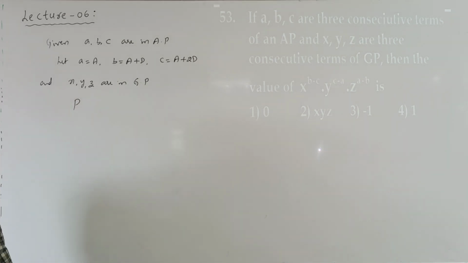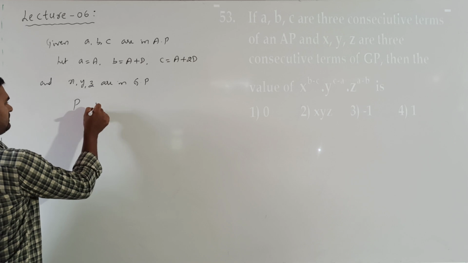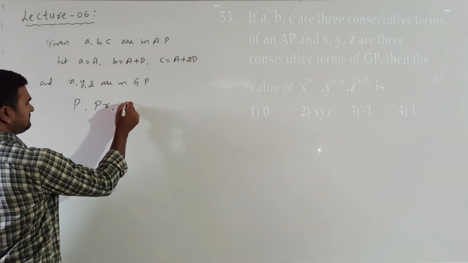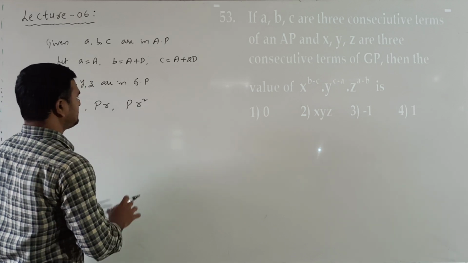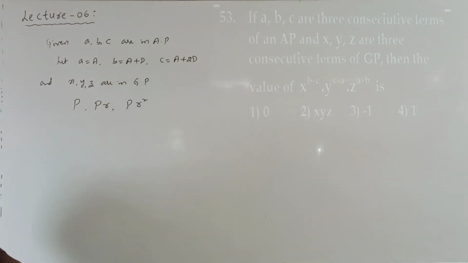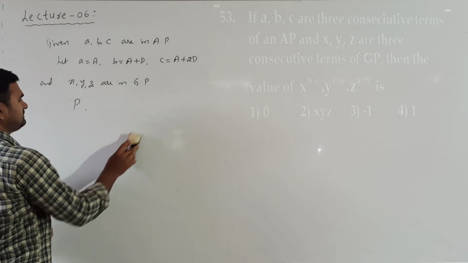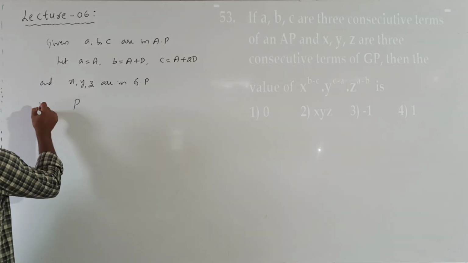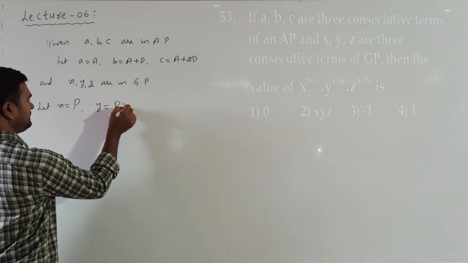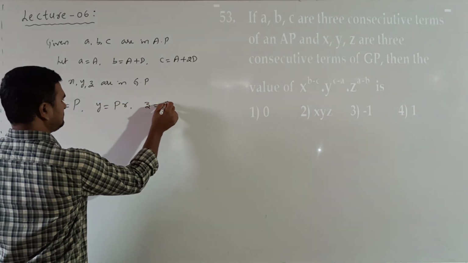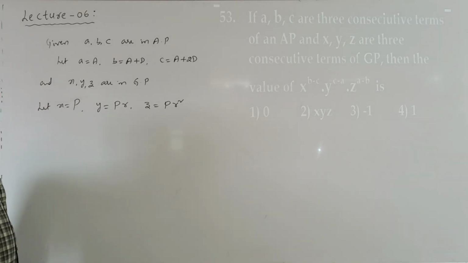Assume that p is the first term, pr is the second term, pr square is the third. So comparing these terms, we can write x equal to p, y is p into r, z is p into r square.